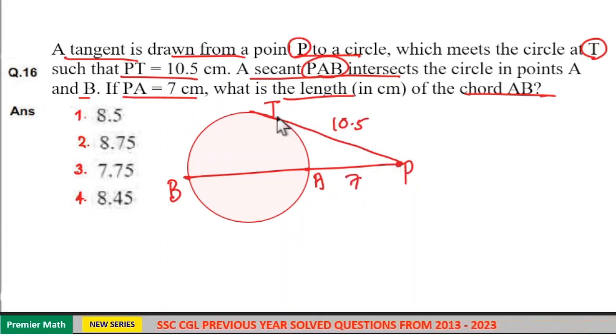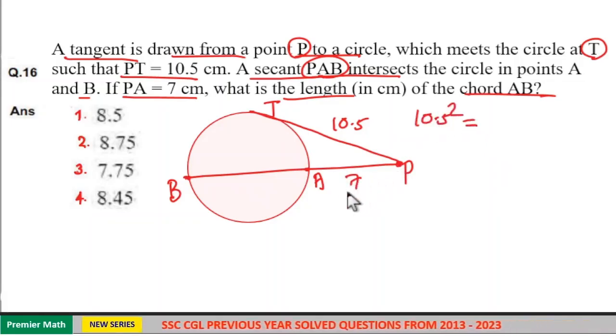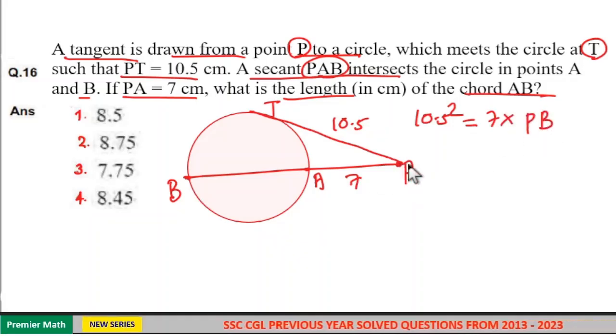Whenever you have a tangent and a secant drawn from the same external point to the same circle, then here 10.5 square is equal to 7 into PB. This is the same external point, and this is a tangent and this is a secant. Then you have 10.5 square is equal to 7 into PB.